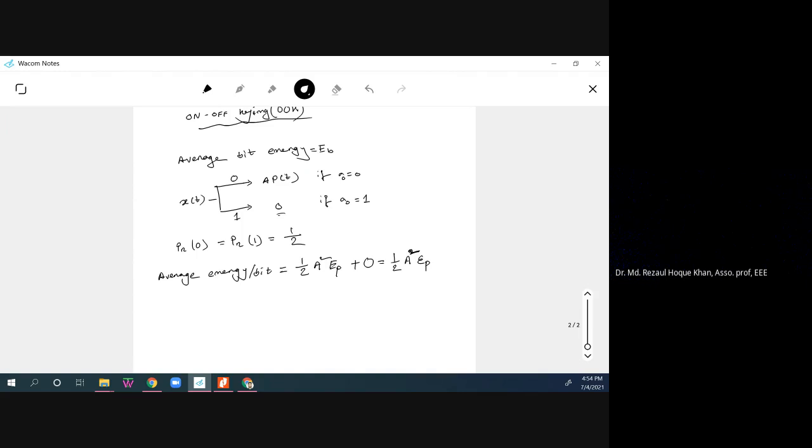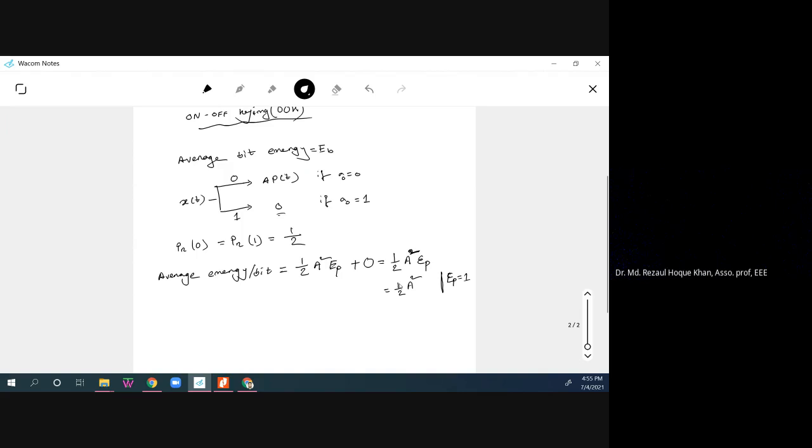Okay, so we know EP is 1. This is our normalized energy. So EP equal to 1, and if EP is equal to 1, then what will happen? Half of a square.